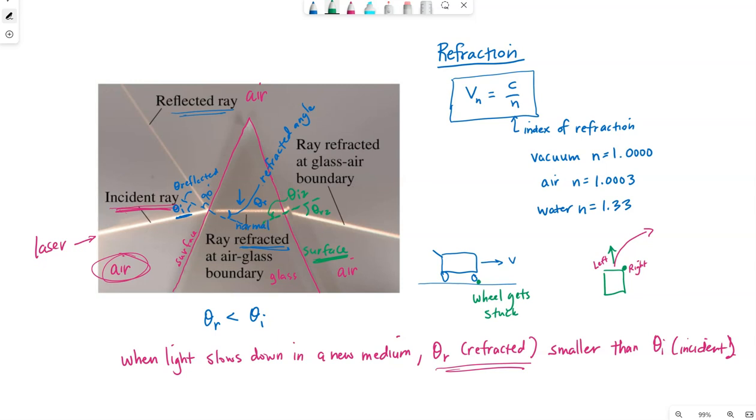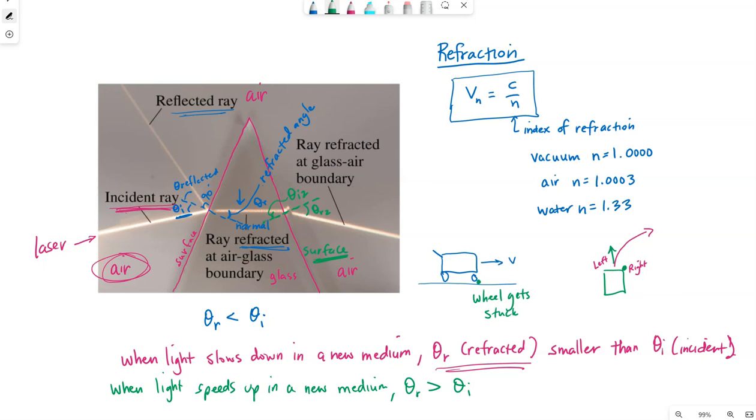And that's because the light speeds up. So in the glass, the light is traveling slower. As it enters back into air, it's traveling faster again. And because it's traveling faster again, this angle is bigger. So essentially, when light speeds up in a new medium, because it was in glass, it is now in air, the refracted angle is greater than the incident angle.